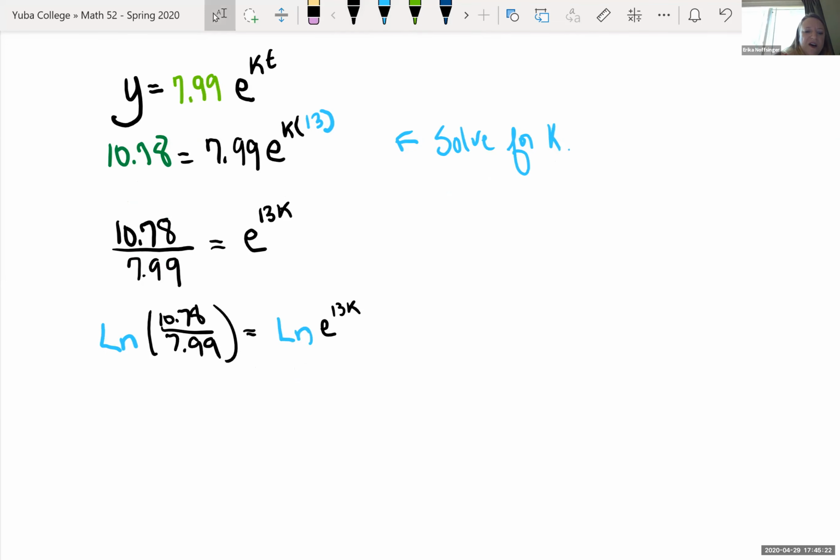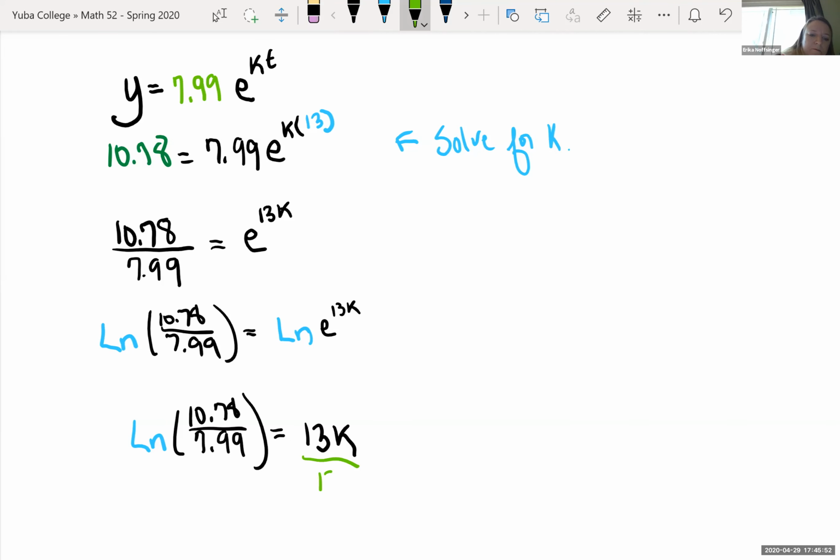So again, natural log of e, this is saying e to what power? What would I have to raise e by to get back e to the 13k, which is just 13k. So to get k by itself, we can divide both sides by 13.